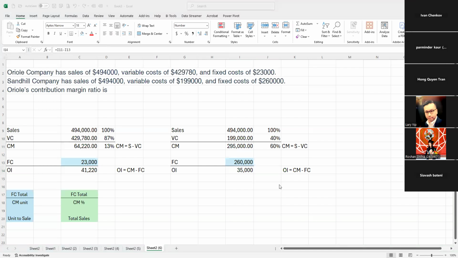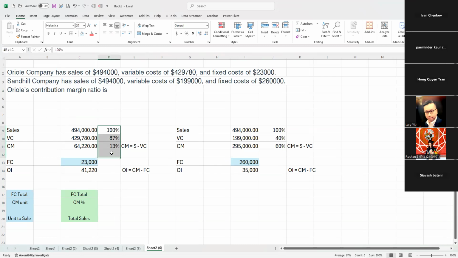Now it depends on which company they ask you. Be careful what they're asking for. Depends on which scenario you are. So obviously, if the question asks you for the first company, that will be the first company, and that will be the second company.